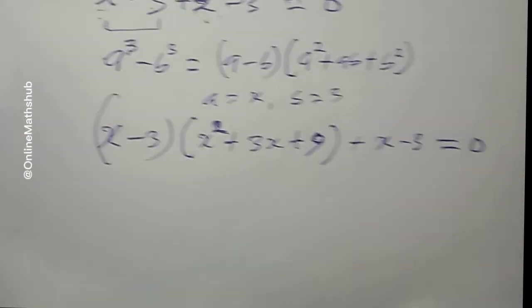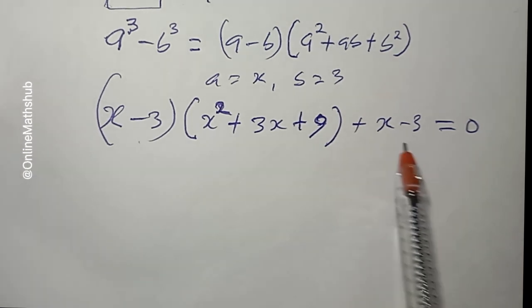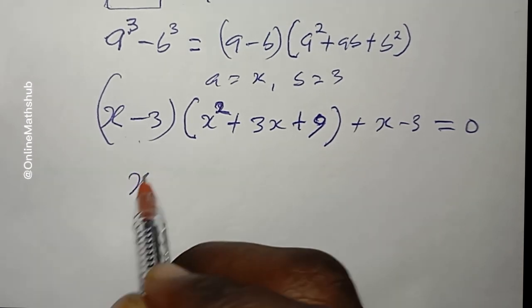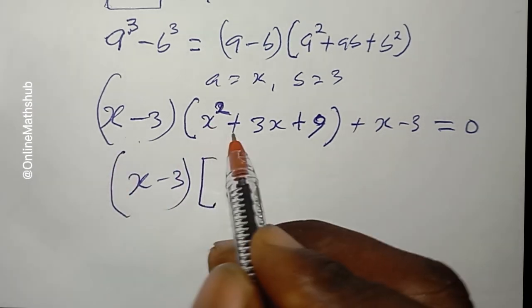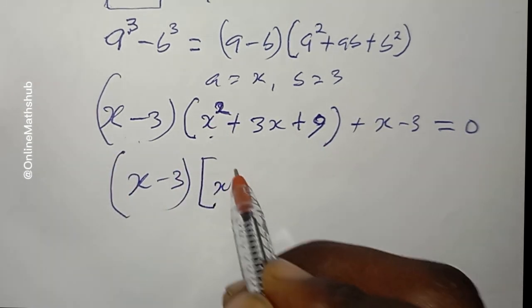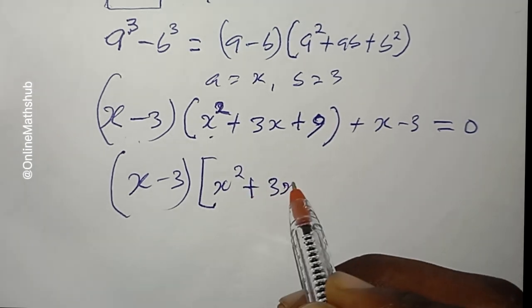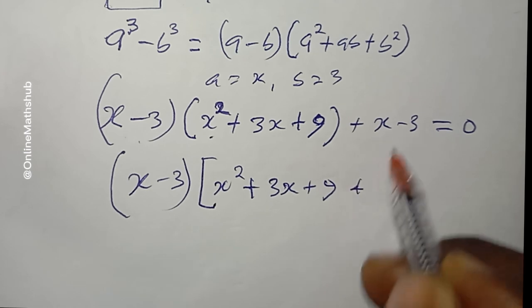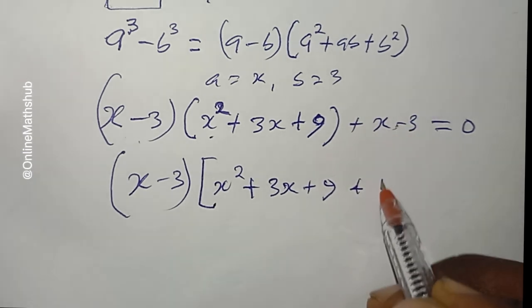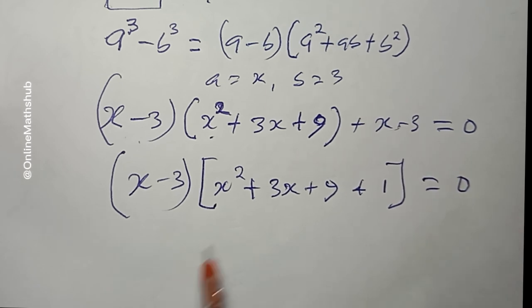So if you watch very well, I've got some like terms right here. I can factorize this x minus 3. If I do that, I have this stuff left right here, x squared plus 3x plus 9, plus, if I factorize x minus 3 right here, 1 will be remaining, and it's equal to 0.